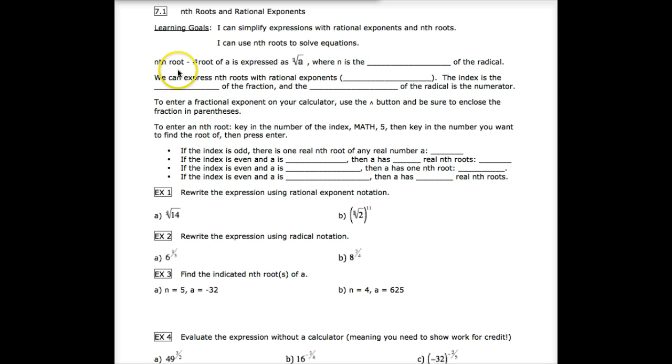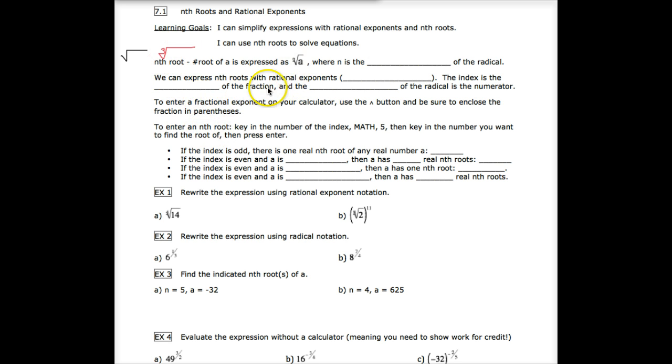So when we say nth root, the nth root of a is expressed like this. When we have a square root, we just wrote the symbol just like this, because if no number is written, it's understood to be a 2. However, when we moved to cube roots, we wrote the little 3 in the little crease there.